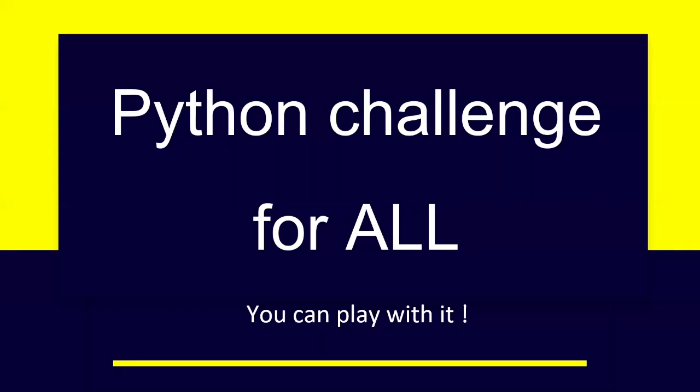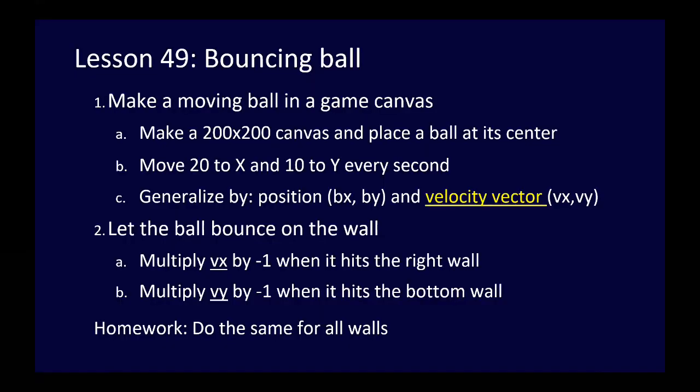Okay, let's see where we were last time. Last time we defined and implemented how a ball runs in a box using a velocity vector plus a position vector.